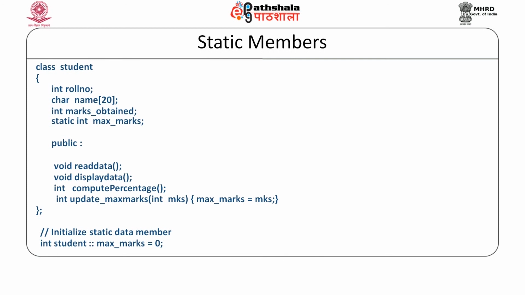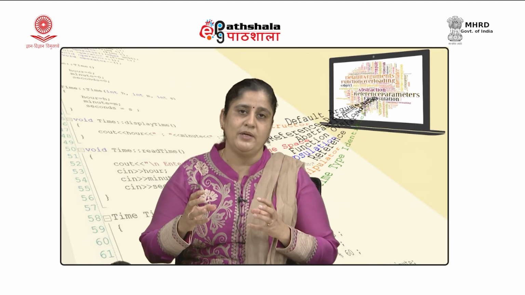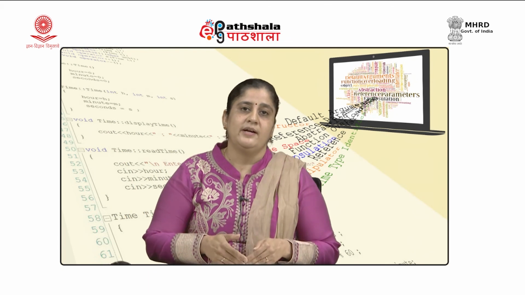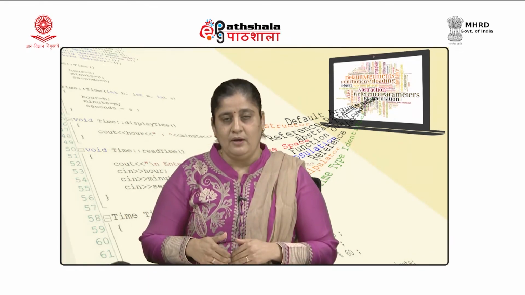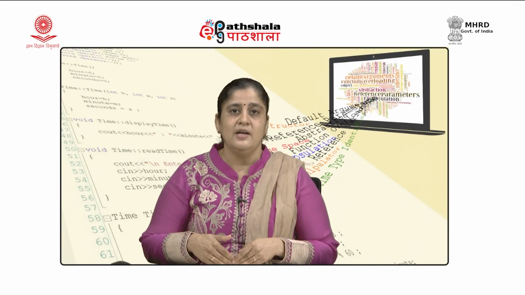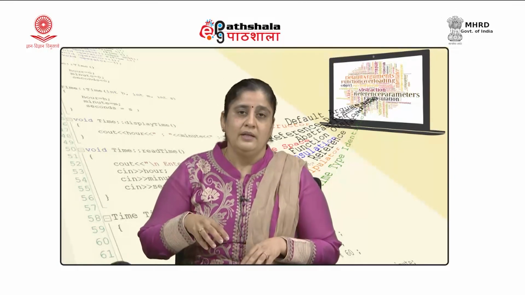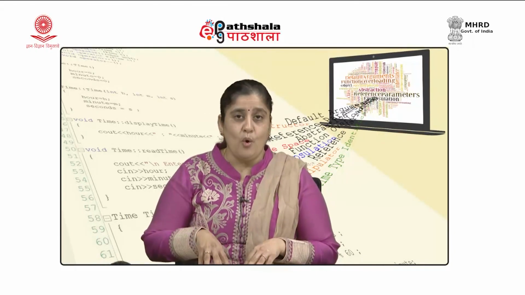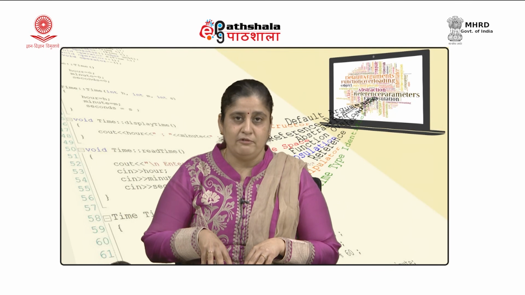Because the memory is not allocated inside the object, we need to redefine this data member outside the class. You must have guessed by now that the reason is that the memory for a variable is allocated when we enter the scope where that variable has been defined.